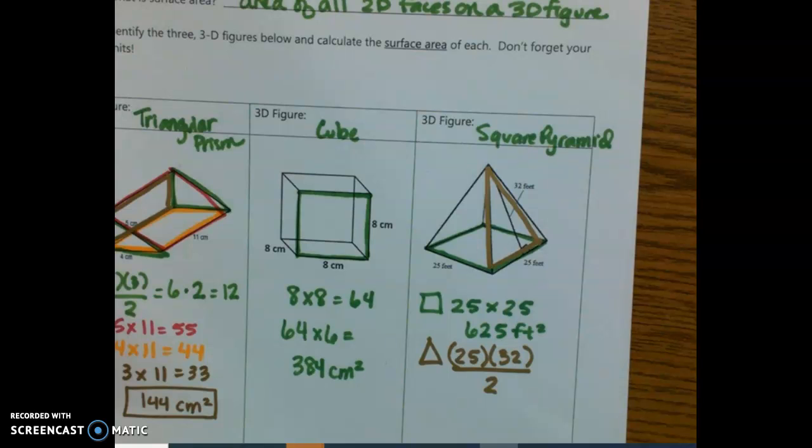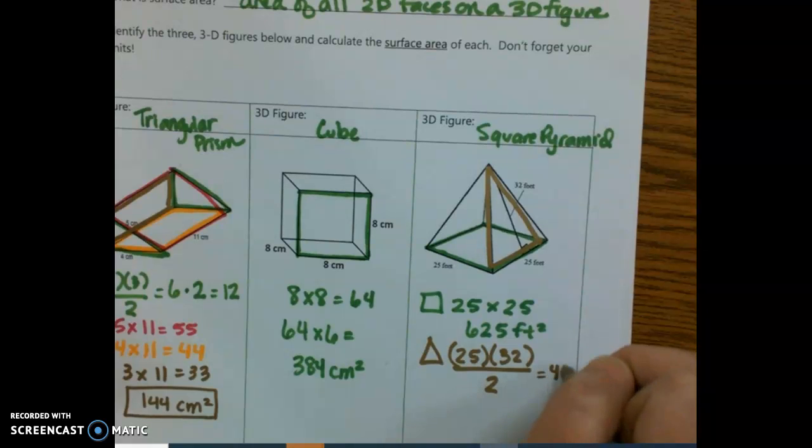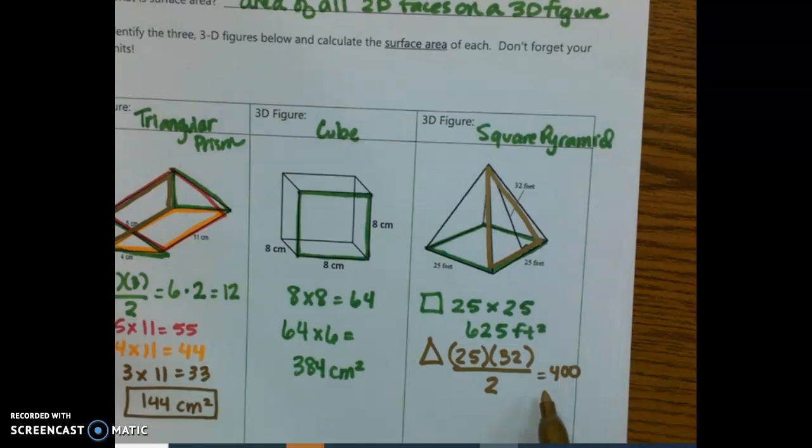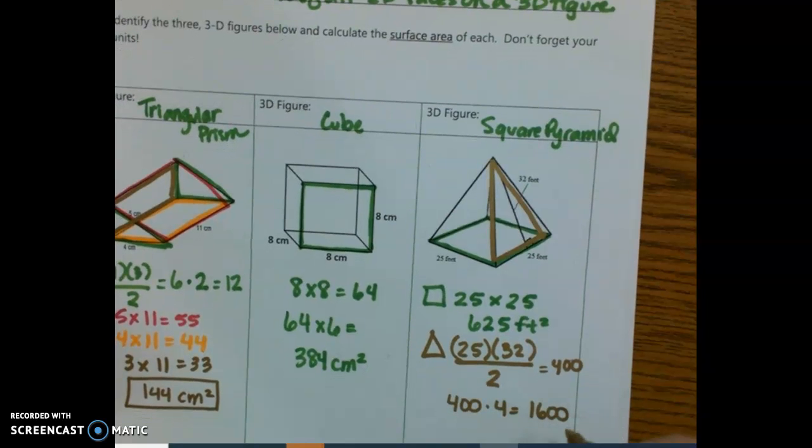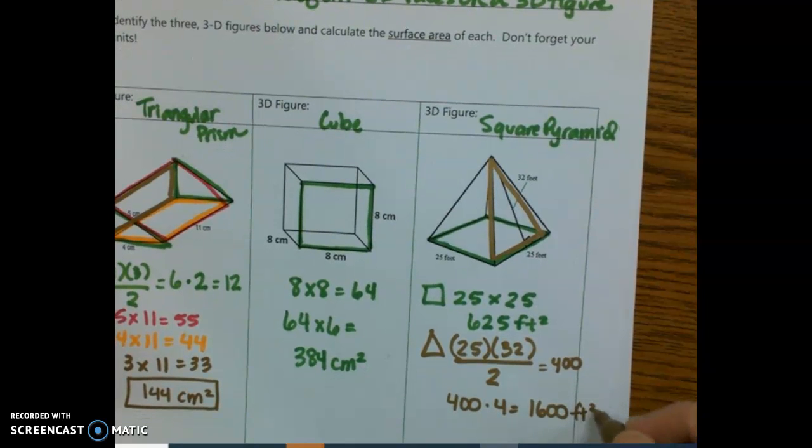I'm doing that right now on my calculator: 32 times 25 divided by 2 gives me 400. Okay, that's the area of one triangle. Because I have 4 equal triangles, I can multiply that by 4 and I get 1,600 square feet.